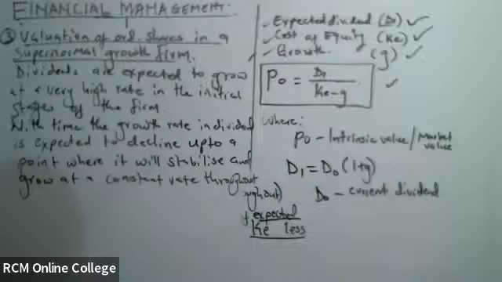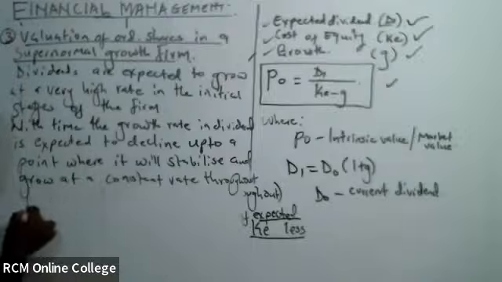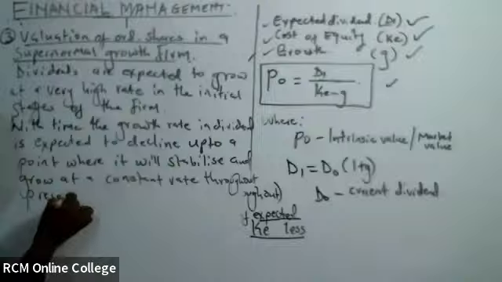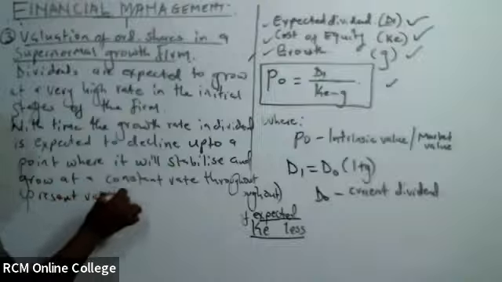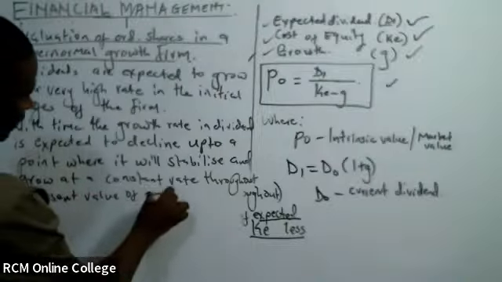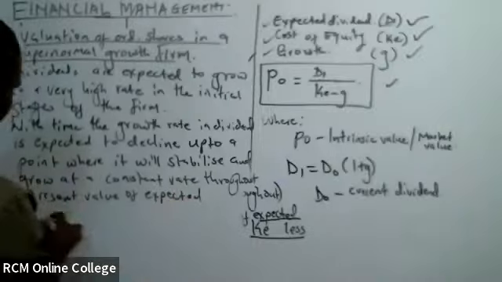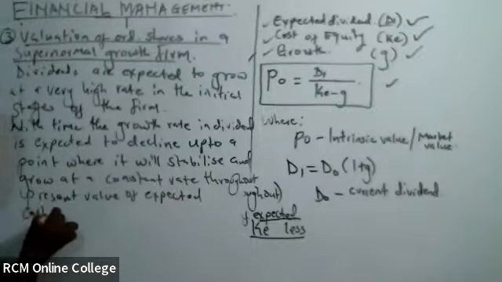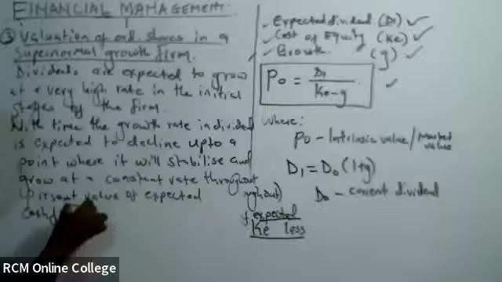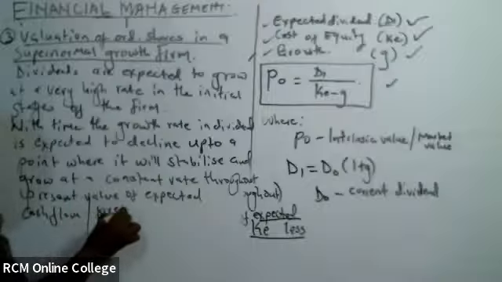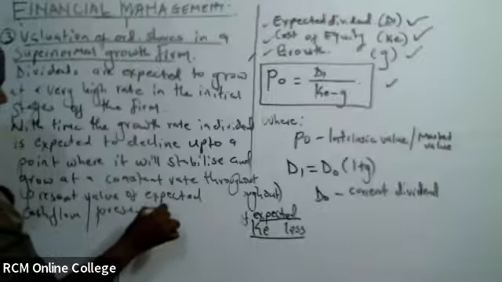And that present value, we say, is the present value of expected dividend. So the present value of expected cash flow, stroke present value of expected dividend.